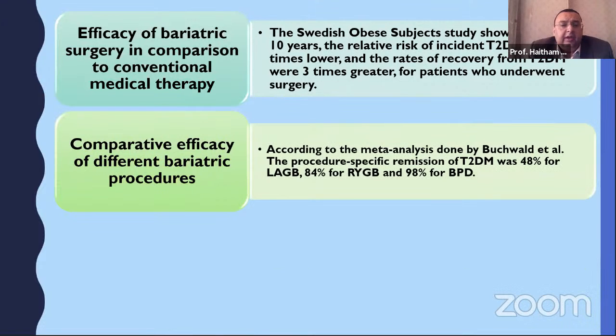So this states that bariatric or metabolic surgery is a better solution for diabetes than other medical or lifestyle interventions. Comparing the different metabolic procedures, as stated by Dr. Buchwald in his meta-analysis, the laparoscopic adjustable gastric band has an efficacy of about 50%, the Roux-en-Y gastric bypass 48%, and the biliopancreatic diversion 98%.